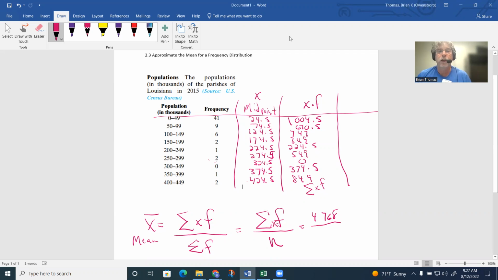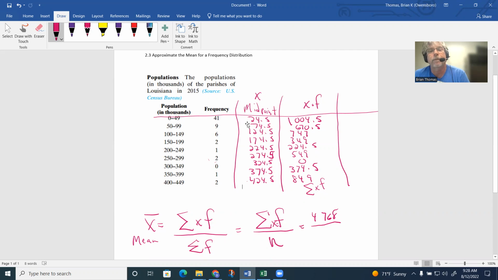To find the mean, I still have to divide by the number of entries. Notice that there were 41 entries in this range, so we had 41 of these 24.5s, 9 74.5s, 6 124.5s, and 2 174.5s. Just looking at this, the bulk of the entries are up here.